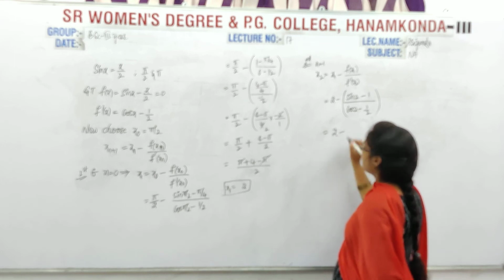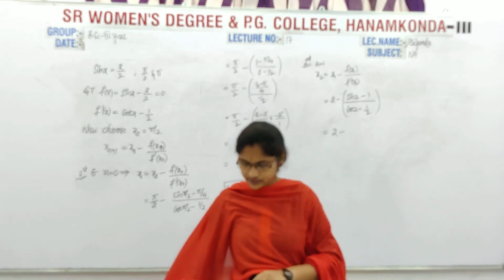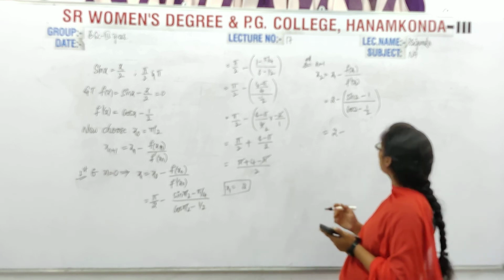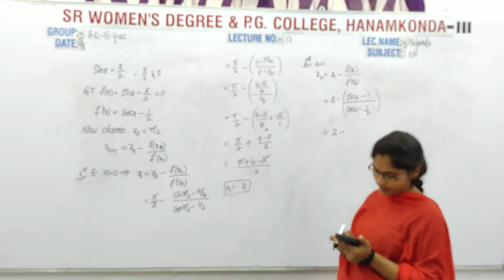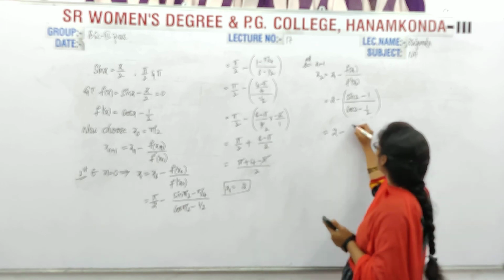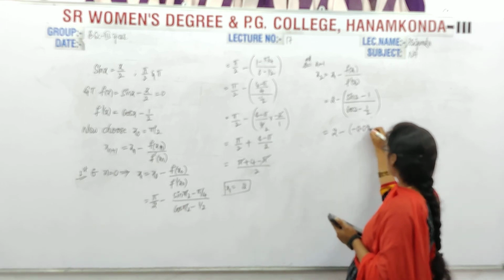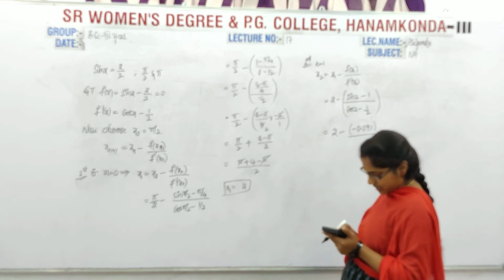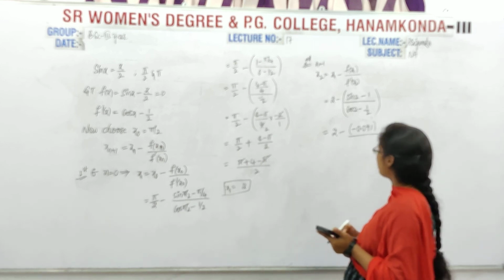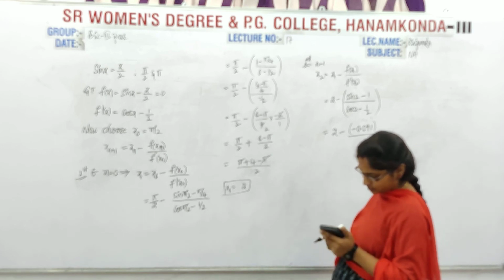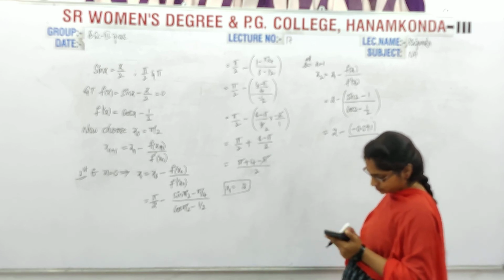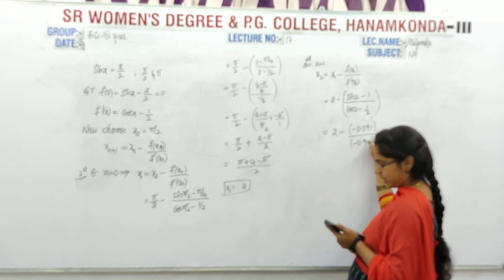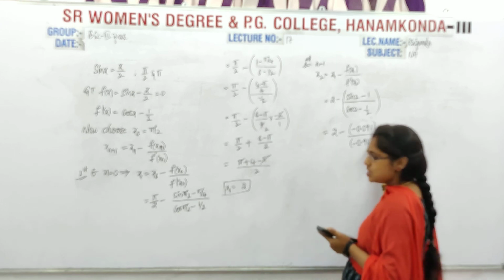Okay, now here 2 minus, just take the calculator, sin 2 minus 1, then the value is minus 0.0907. Now just calculate cos 2, then we have the value minus 0.916146.